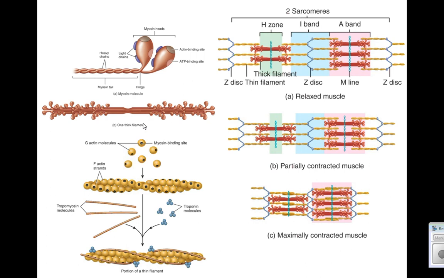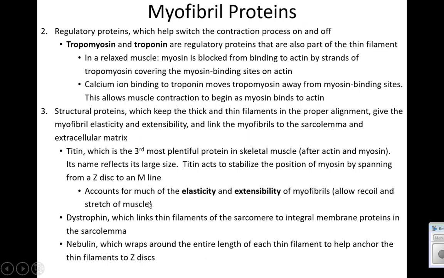Now, in a resting state, this cannot occur. And that has to do with these two proteins that we're going to talk about right now. I'll let you guys write, and then we'll talk.